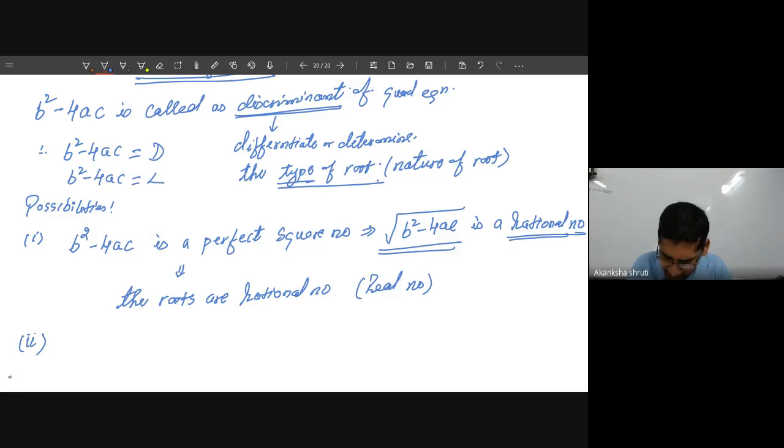In many books, you may see this notation also. So D means this calculation, which you have to keep in mind.